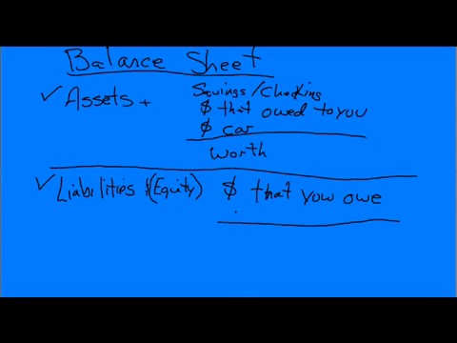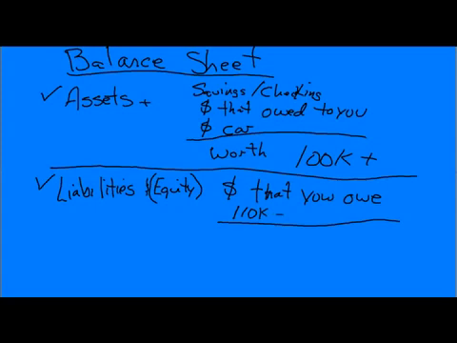I know it gets confusing, bear with me here, but let's say this was your $100,000 up here to the positive. Then down here, liabilities could be $110,000 to the negative.